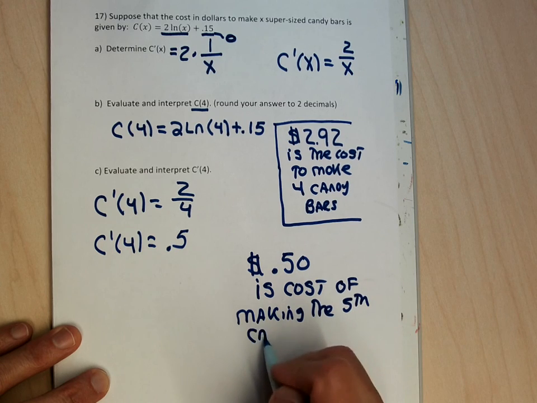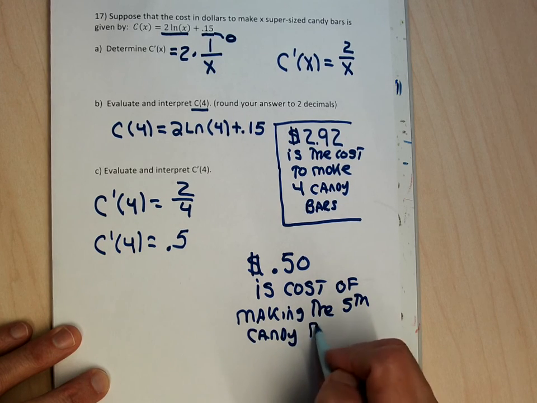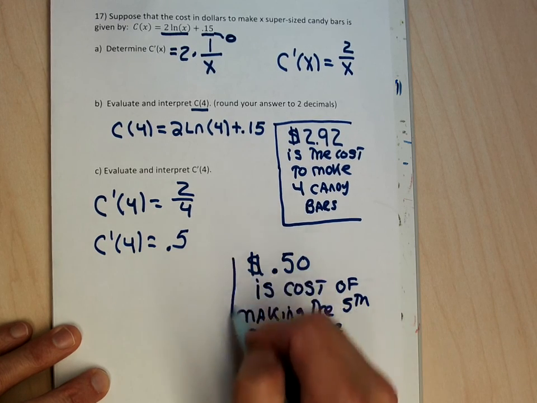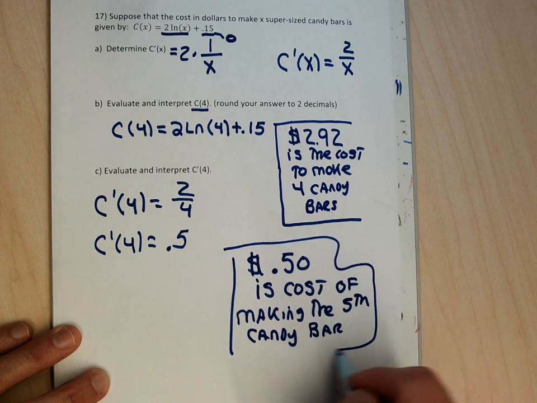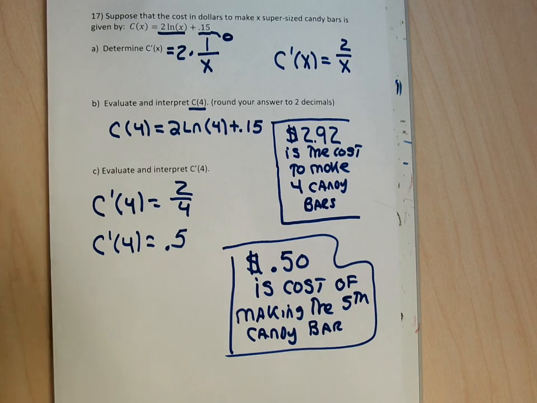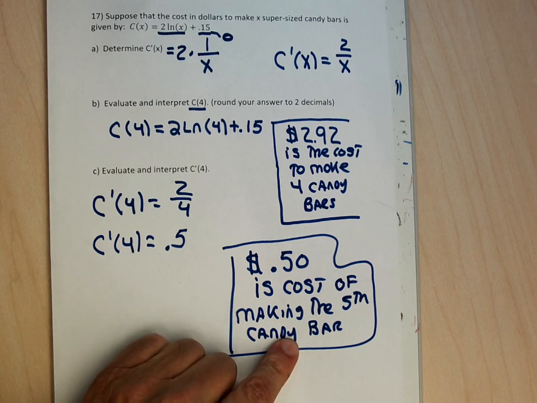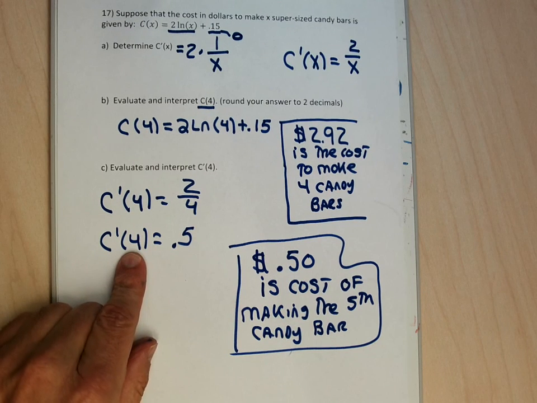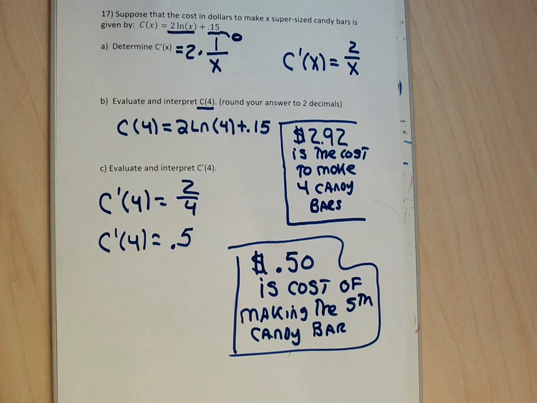So the derivative of a cost function can be used to get a marginal cost, and marginal cost is the cost of the next item. In this case, because we're making candy bars, it's the cost of making a candy bar, and the next item, since I'm talking 1 more than 4, would be the 5th candy bar.